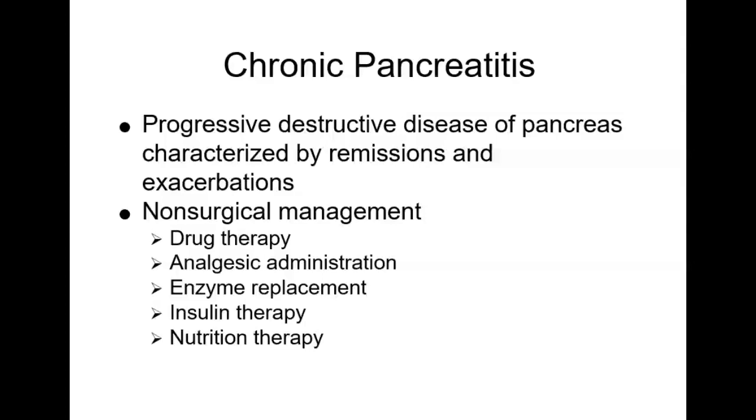The healthcare provider may prescribe drug therapy to decrease gastric acid. Gastric acid destroys the lipase needed to break down fats. Controlling the acidity of the stomach with H2 blockers and proton pump inhibitors, or neutralizing stomach acid with oral sodium bicarbonate, may enhance the effectiveness of pancreatic enzyme replacement therapy.